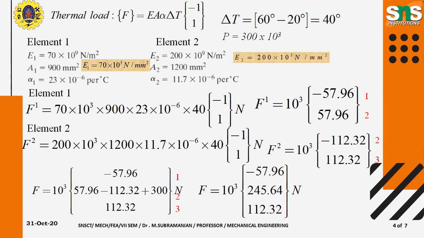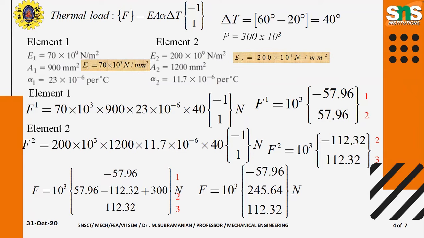Substitute all those values: Young's modulus for element 1, 70 into 10 power 3, area of element 1 is 900, into alpha 1 is 23 into 10 power minus 6, delta T is 40, minus 1 and 1.